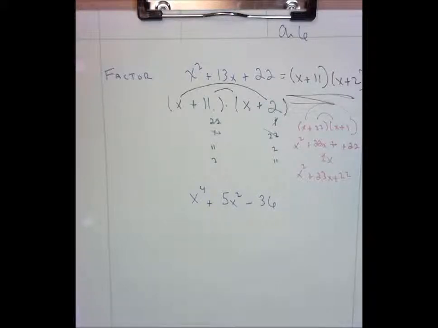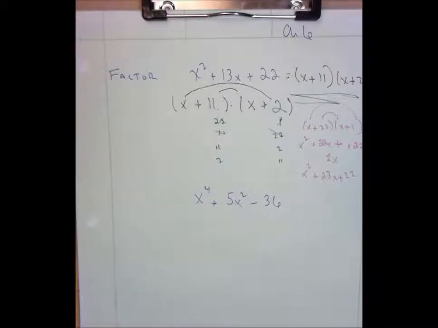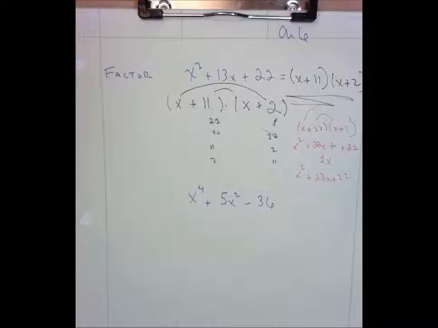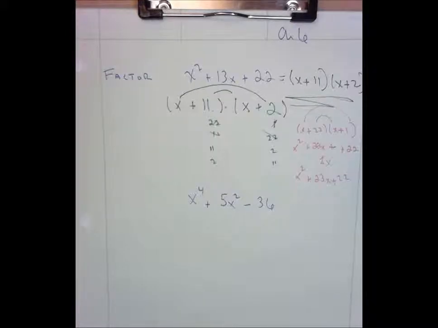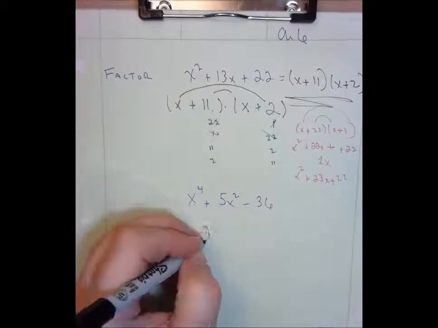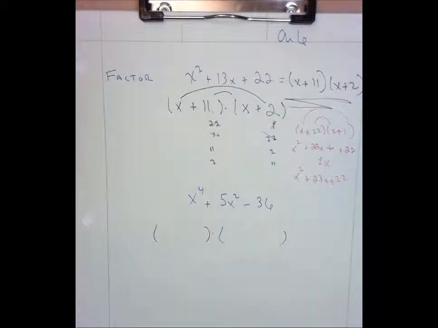Now, down on the second part of the page, there's a fourth order polynomial. Oh my goodness, that's going to be twice as hard at least, right? Well, no, because again, this is all about pattern matching and understanding that we are just trying to reverse the multiplication of two binomials. So some multiplication resulted in this, and we were trying to break it back apart into the things that produced it.